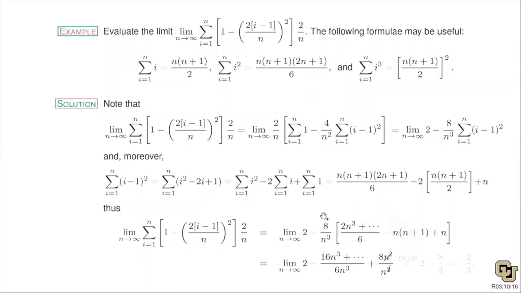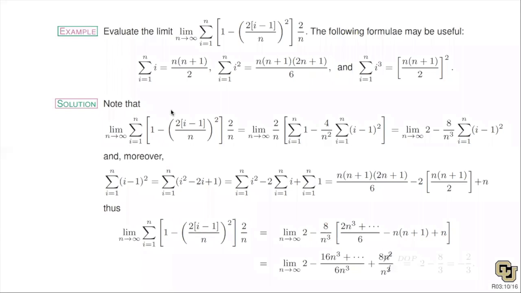So here, 8 times 2n cubed gives me my 16n cubed. And in the denominator, 6 times n cubed gives me my 6n cubed down there. Here, negative 8n cubed, just multiply to negative n squared, because these terms cancel out. Minus becomes plus. I get 8n squared over n cubed, and I cancel.